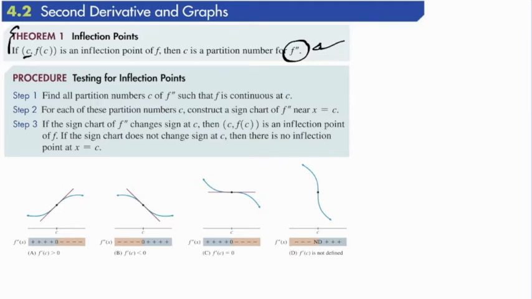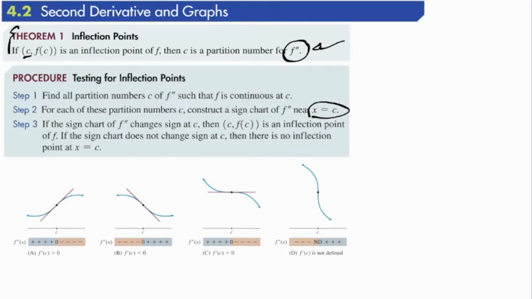So our procedure for testing for inflection points: Step 1, find all partition numbers C of f double prime such that f is continuous at C. Step 2, for each of these partition numbers, construct a sign chart of f double prime near x values that are approaching C. And step 3, if the sign chart of f double prime changes its sign at C, so from positive to negative or from negative to positive, then C, f of C represents an inflection point of the graph of f.